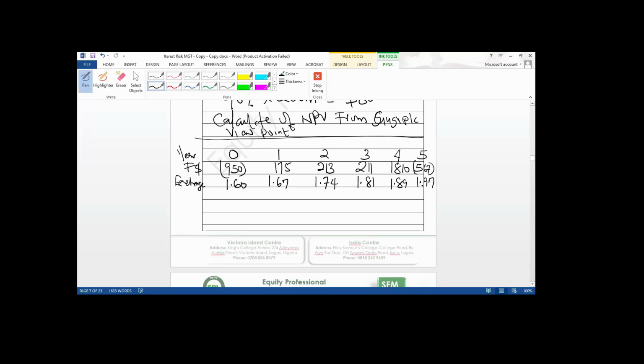The exchange rate is in direct quote. From the perspective of Google, Google is based in Nigeria. To convert foreign currency to Naira, you are going to divide.